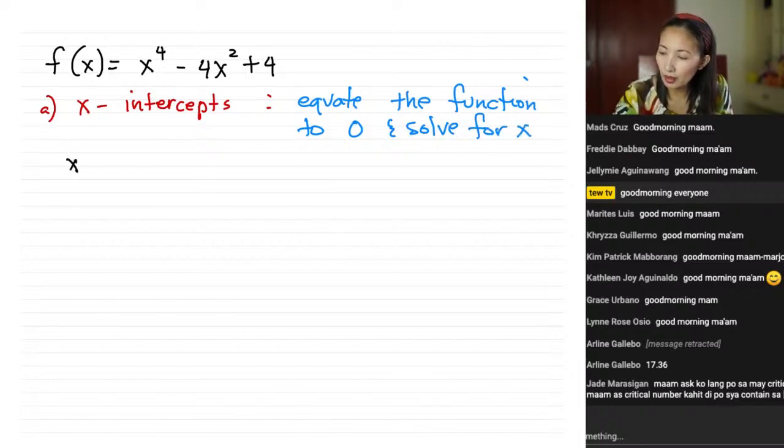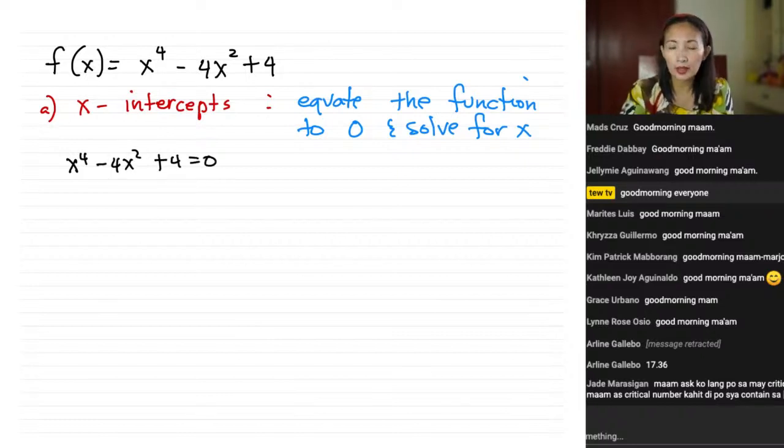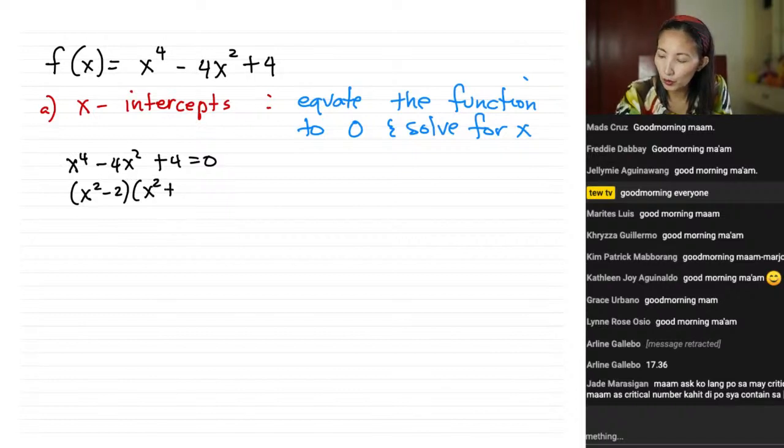X to the 4th minus 4x squared plus 4 equals 0. Okay? Now, the quadratic expression on the left side is factorable. We can factor this out as a perfect square, right? X squared minus 2, x squared minus 2.